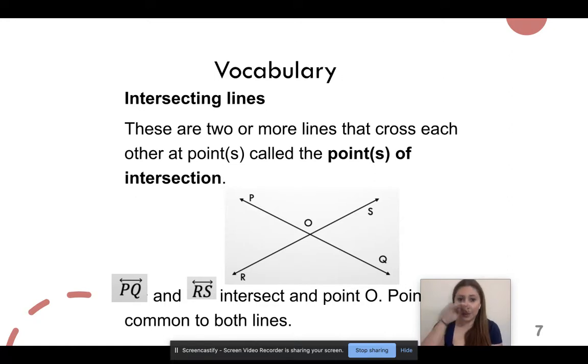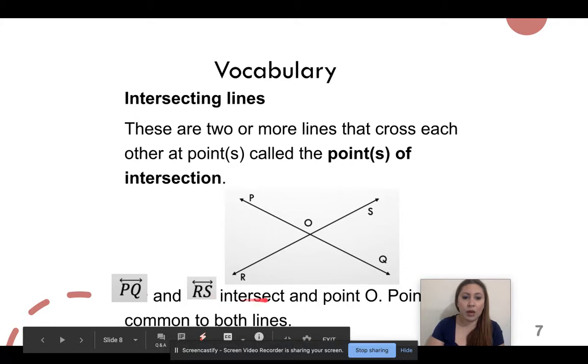All right. Intersecting lines. These are two or more lines that cross each other at a point of intersection. Intersecting lines don't necessarily have to look like an X. It could be anything as long as they cross. That point where they cross is your point of intersection.